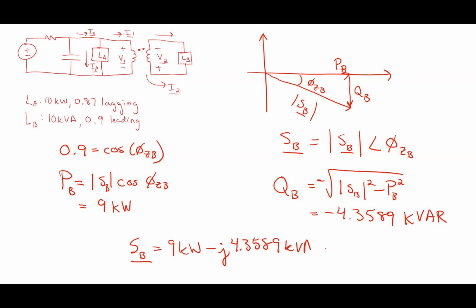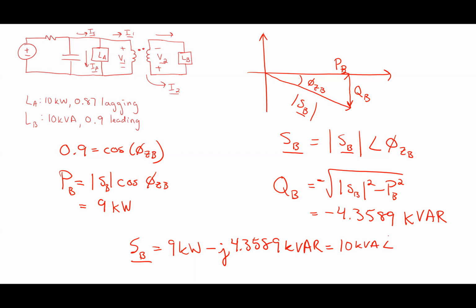How would I write that in polar form? What's the magnitude? 10 kVA. With an angle of what?